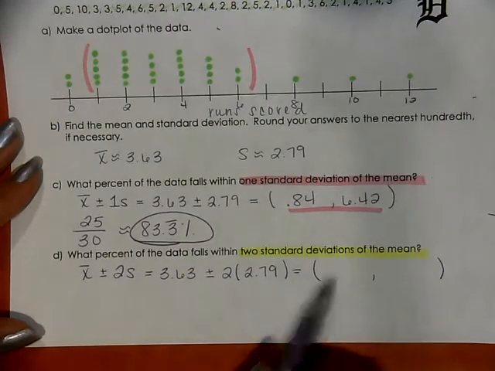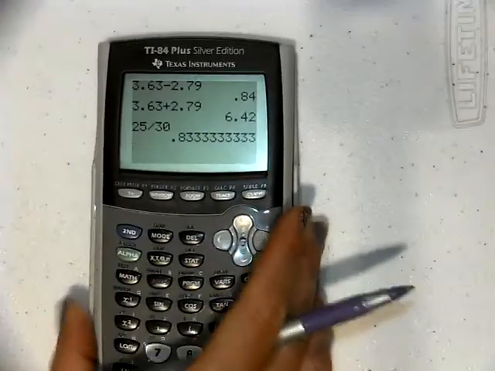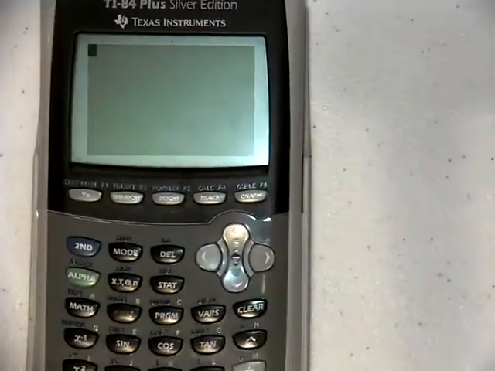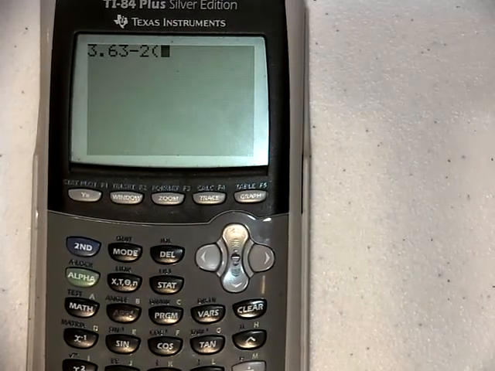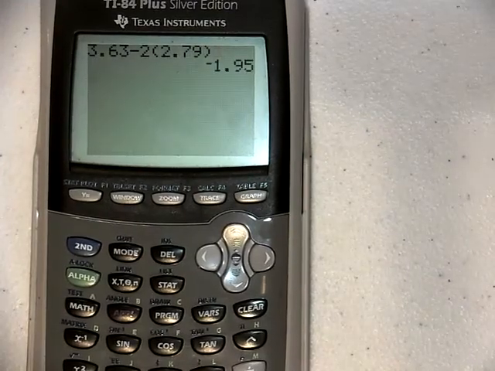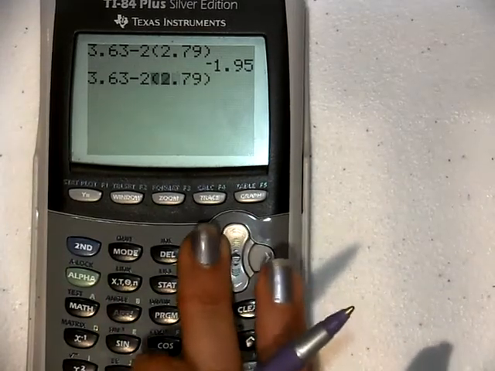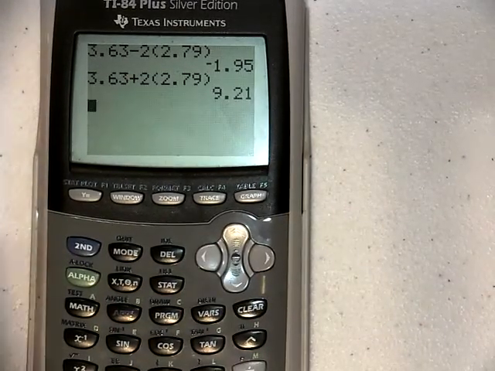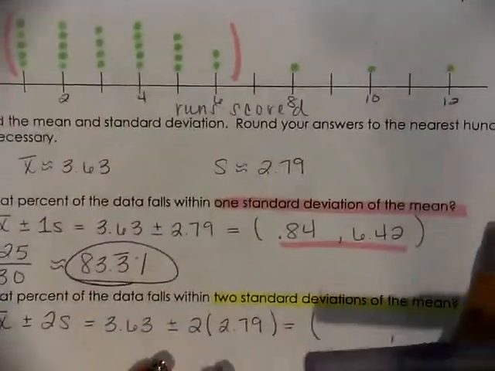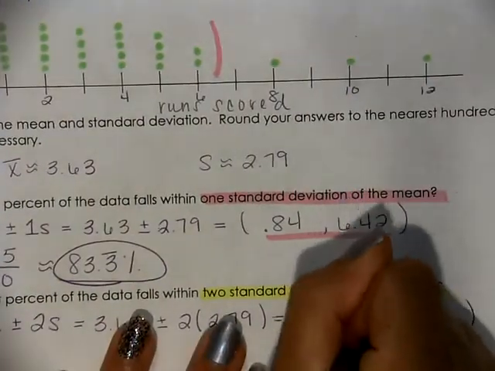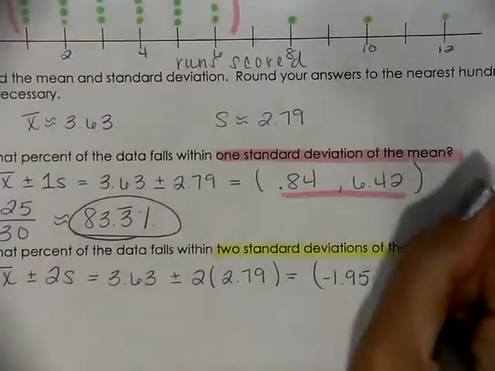In order to get my lower bound, it's going to be 3.63 minus 2 times 2.79. And my upper bound, it's going to be 3.63 plus 2 times 2.79. So my interval is going to be from negative 1.95 to 9.21.